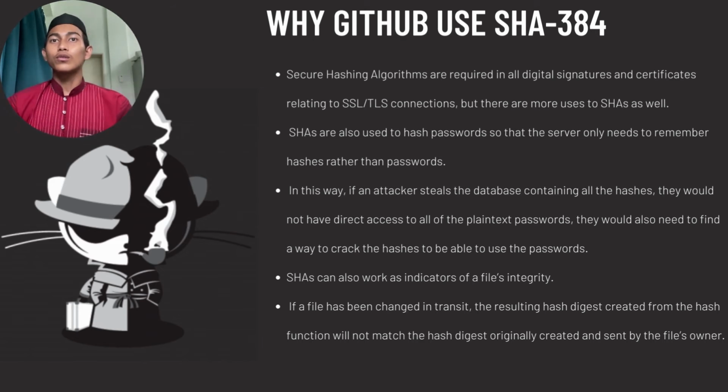SHAs are also used to hash passwords so that the server only needs to remember hashes rather than passwords. In this way, if an attacker steals the database containing all the hashes, they will not have direct access to all of the plain text passwords. They will also need to find a way to crack the hashes to be able to use the passwords.